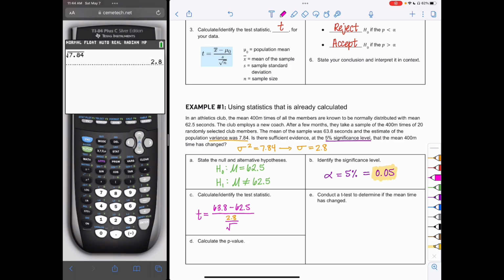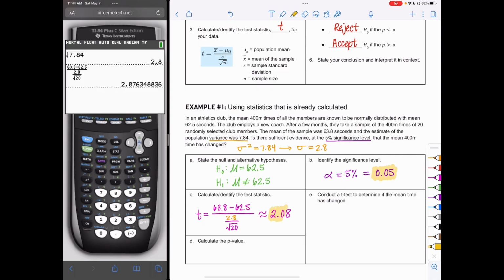My sample size is 20 because they said they had 20 randomly selected club members as a sample. Now that I have that, I'm going to type this into the calculator exactly how it looks. Once I do that, I will be able to tell what my test statistic is. So my test statistic is approximately 2.08 in 3 significant figures.